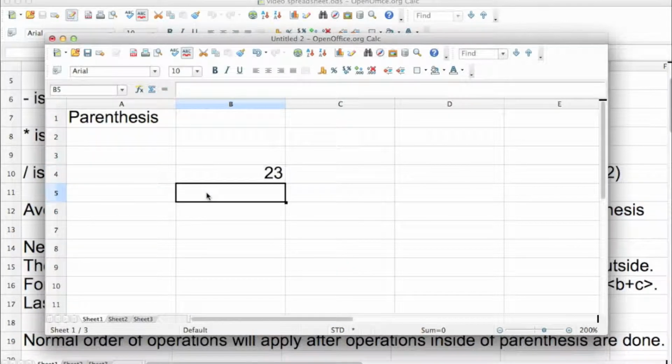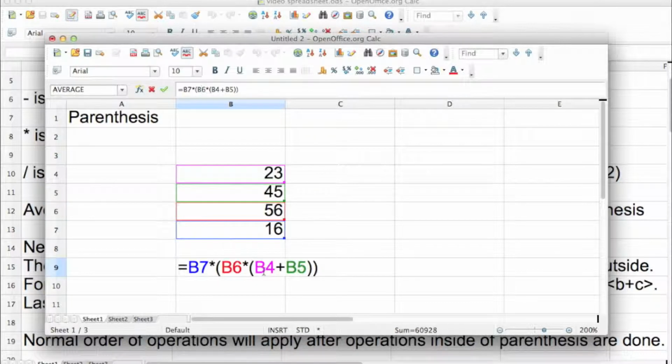I'm going to put in these numbers here, or these cells. I'm going to add these cells together first. And then I want to multiply those two cells added together with a third cell. And then I want to multiply the result of all that math by a fourth cell.